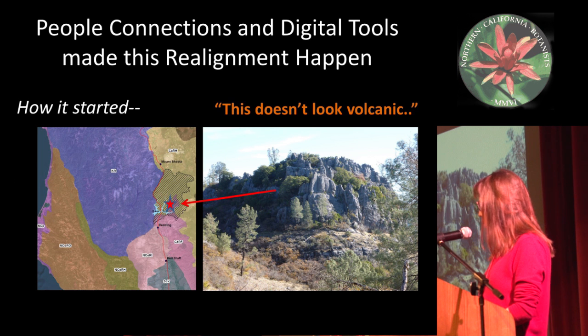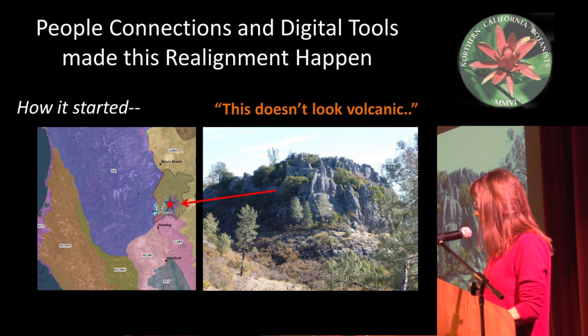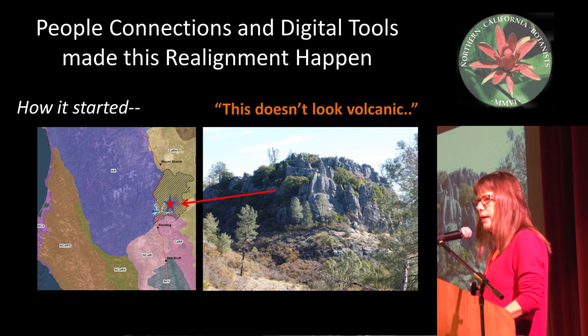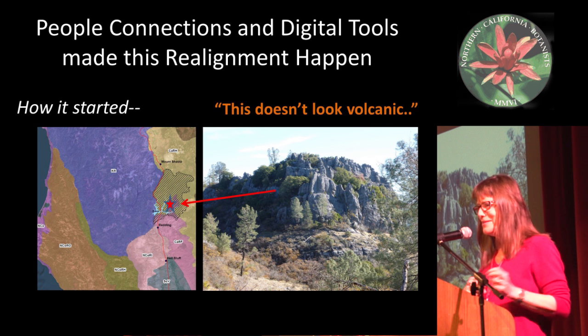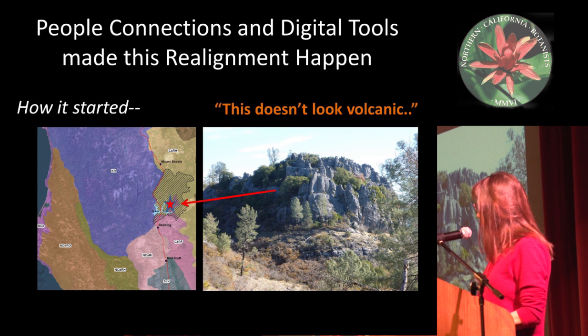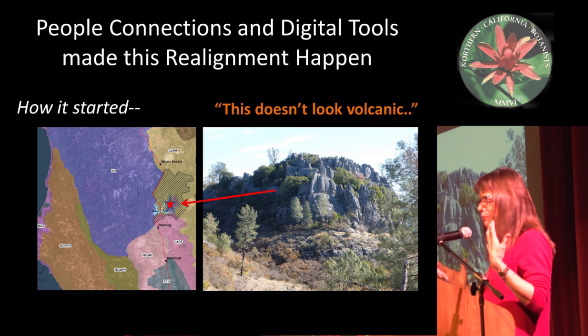So the people that work in this area, in the crosshatched area on the left, there is what we were calling the disputed area, which is, we think it's Klamath, you think it's Cascades. But if you see the red star there, look at that big hunk of limestone on the right. I mean, does that look volcanic to you? Doesn't look volcanic to me. So there, we were confused.